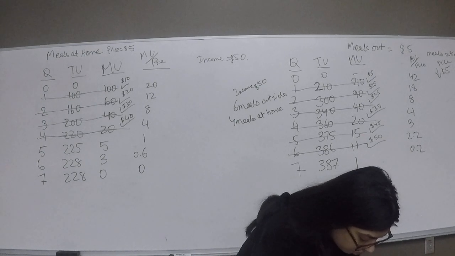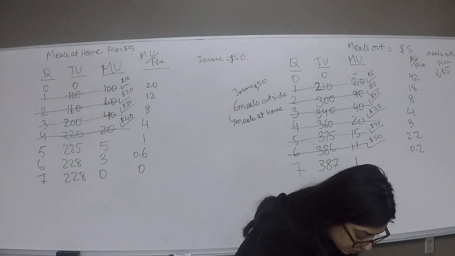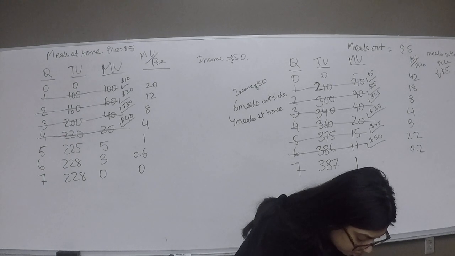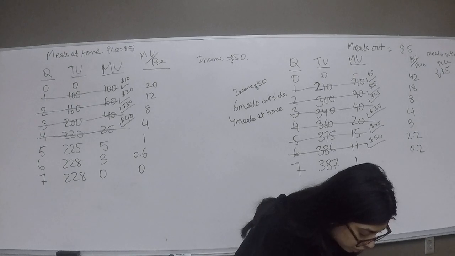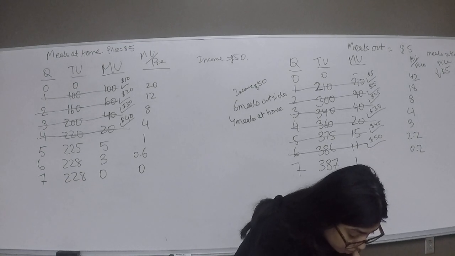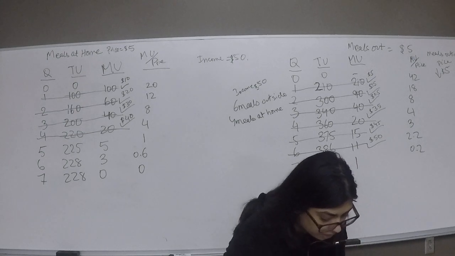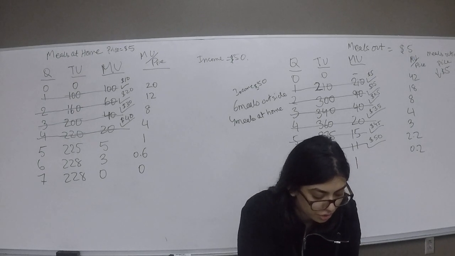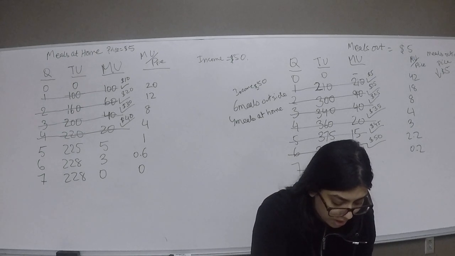That's for quantity 4 when marginal utility is 20. The marginal utility per dollar for the meals out is 2, and the marginal utility per dollar for meals at home is 4. So you would go with the meals at home. Wherever marginal utility per dollar is greater, you'll do that.